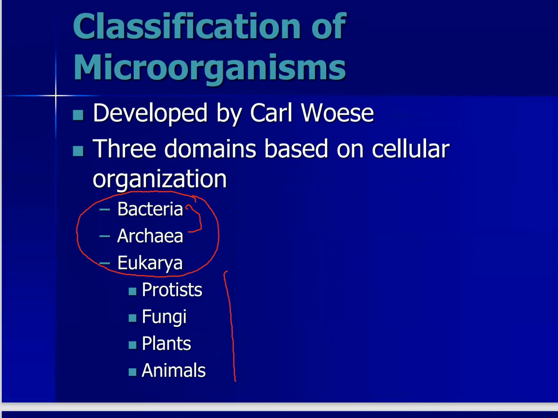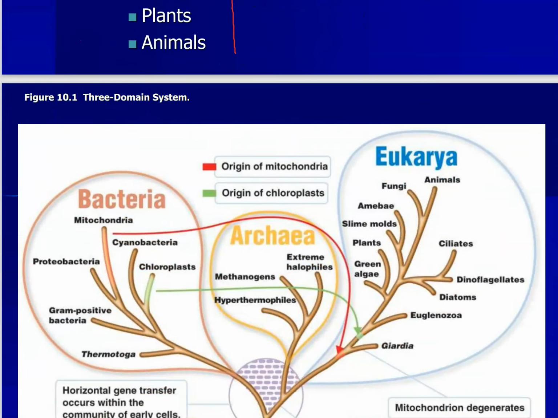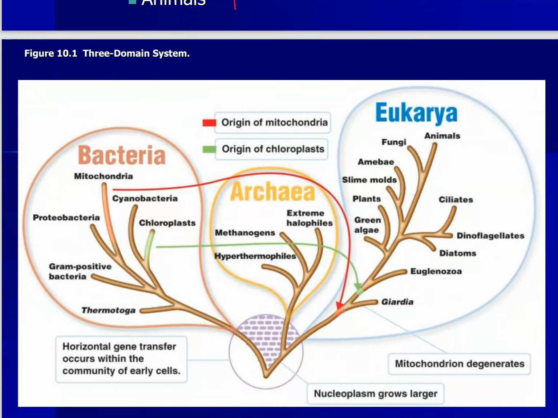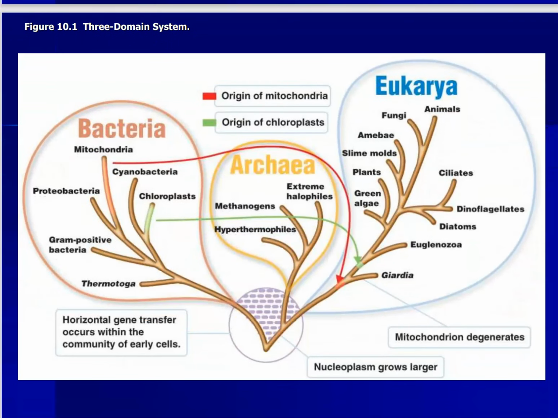And so a picture that you probably have seen before looks something like this, where you have forms of life in sort of this tree that branches out. And here you can see there's sort of this common ancestor cell from which 3 branches arose. The eukaryotes eventually had their genetic material in a membrane-enclosed nucleus.